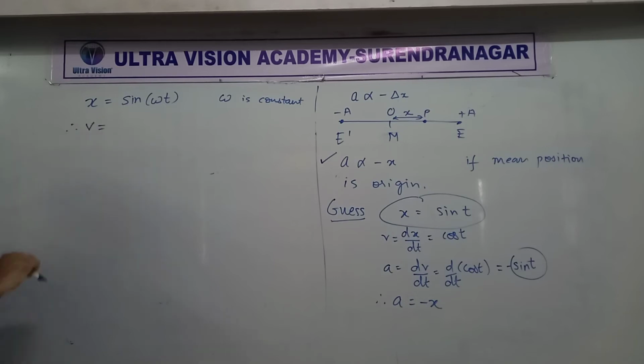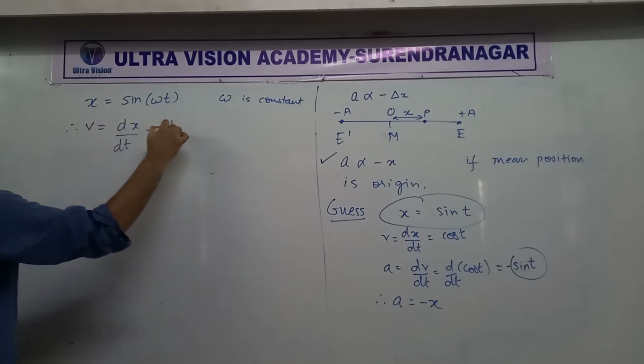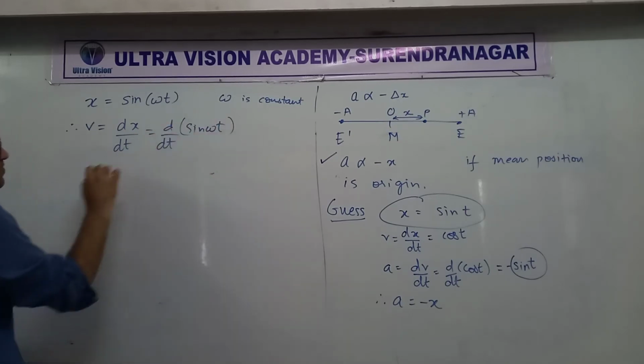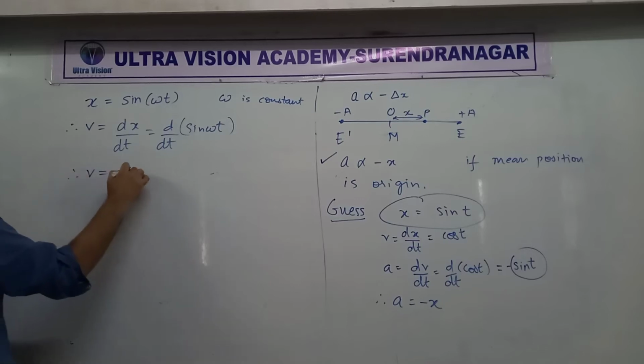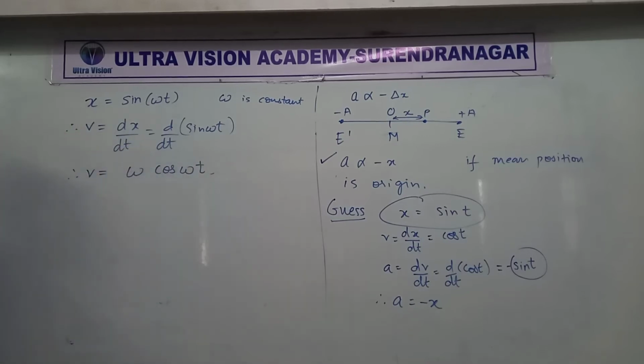Let's check. First of all, we find v. v is just dx by dt, meaning differentiation of sine omega t. We have just done it a while ago, so I am not going to spend time writing the answer. We get v equal to omega cos omega t. Let's find acceleration.